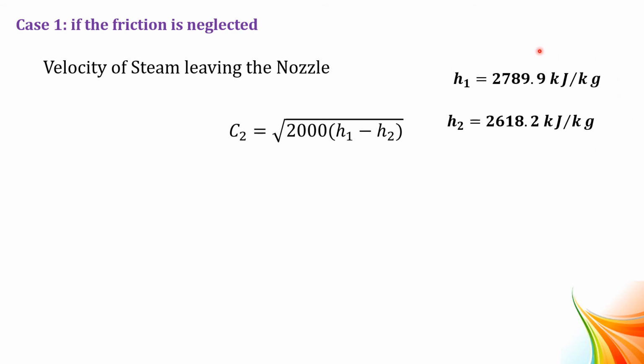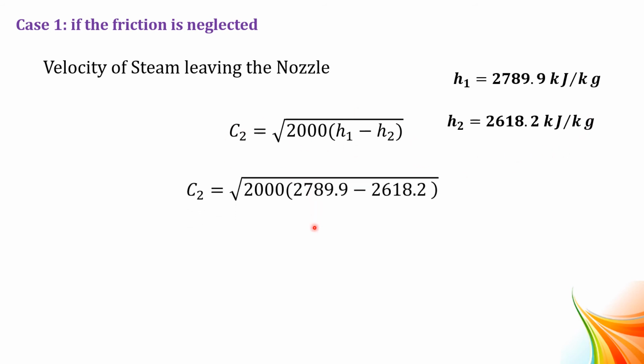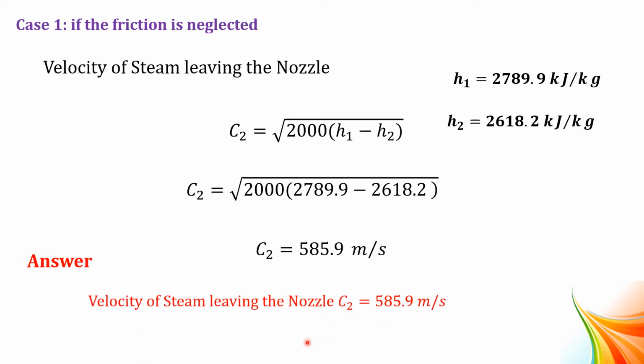These values we have obtained from the steam table. Now substitute these values in this equation. We get C2 equal to 585.9 meters per second. So our answer is velocity of steam leaving the nozzle C2 equal to 585.9 meters per second.